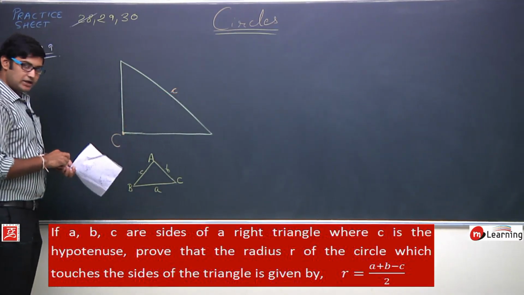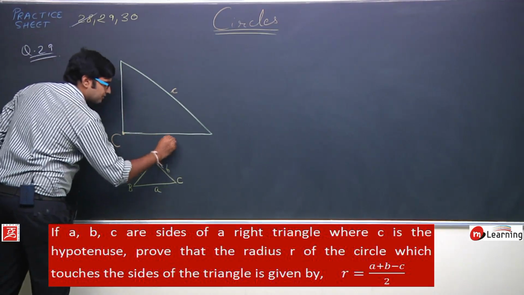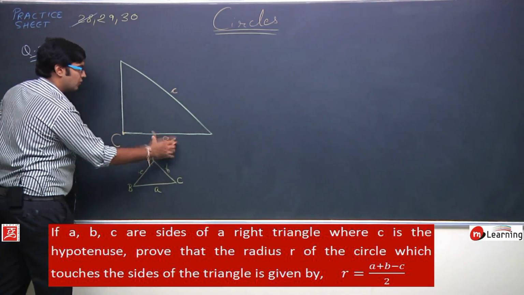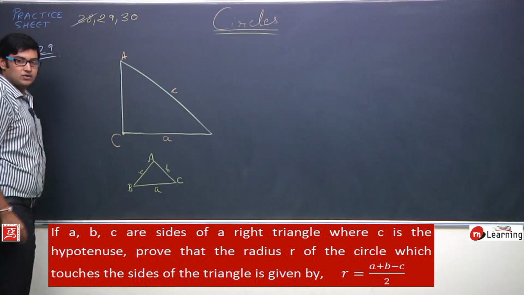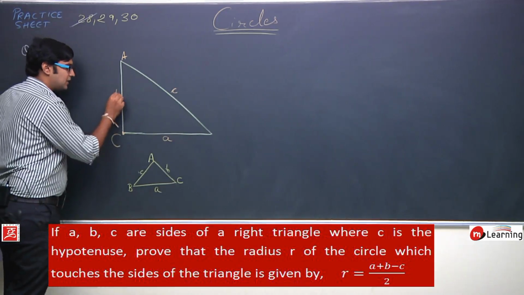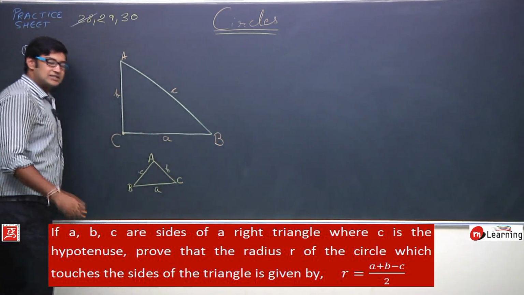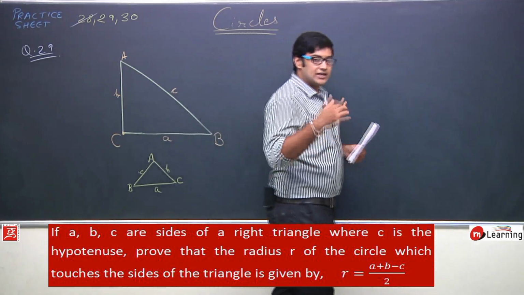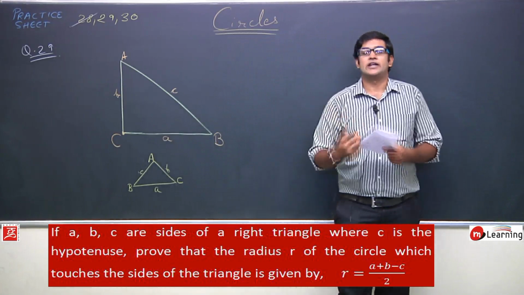And what about A and B? I can mark A and B anywhere. So let us say this is a. The length of this side is a. So what will be this vertex? This vertex will be capital A. Okay. And if this side is b, then this vertex will be capital B. This is a convention that we use in triangles. The side opposite to a vertex is the lower case of that vertex.